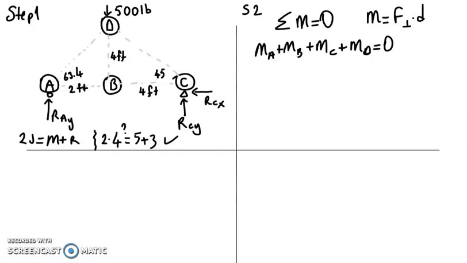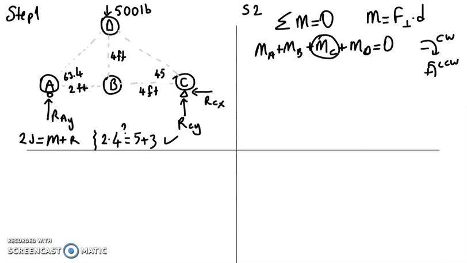So moment C, I pick point C. Just as a reminder, before I do the calculation, clockwise direction we choose as negative, and counterclockwise is positive. Right now, according to point C, let's apply the moment.